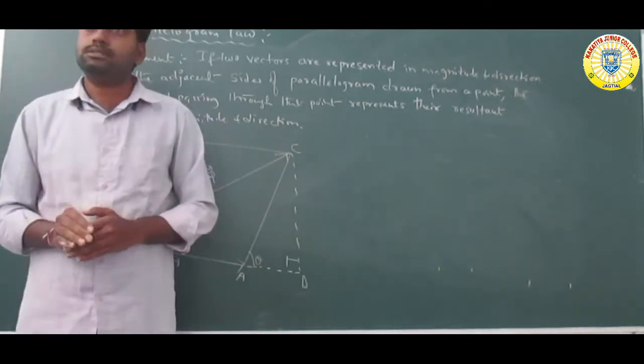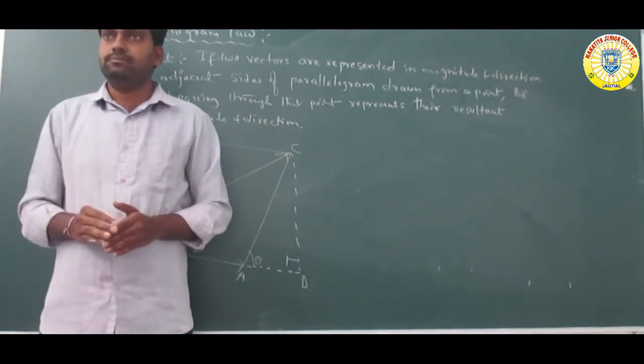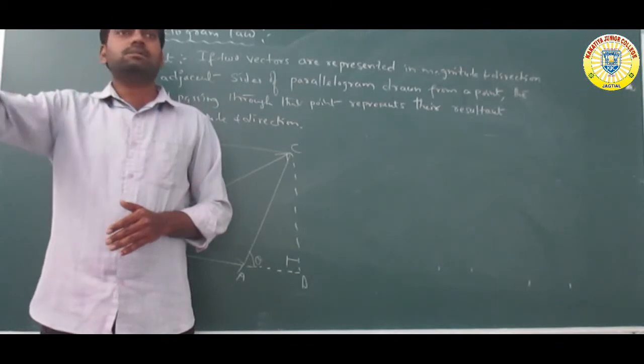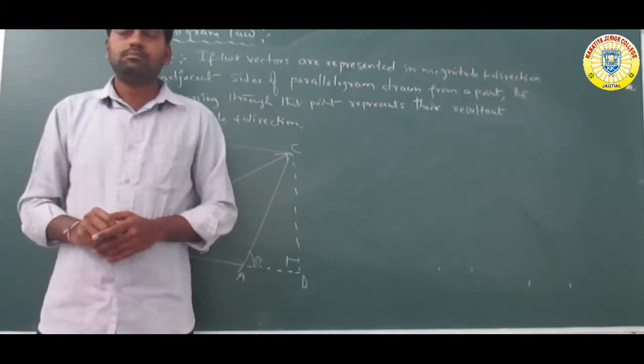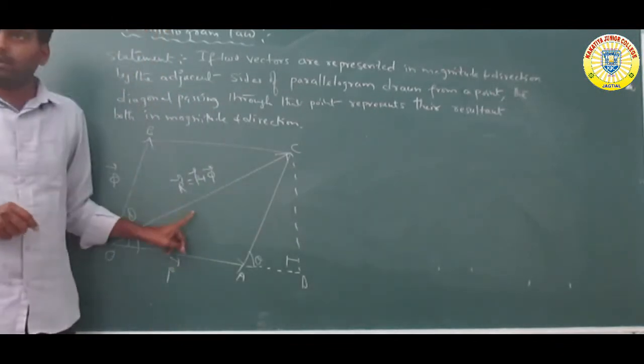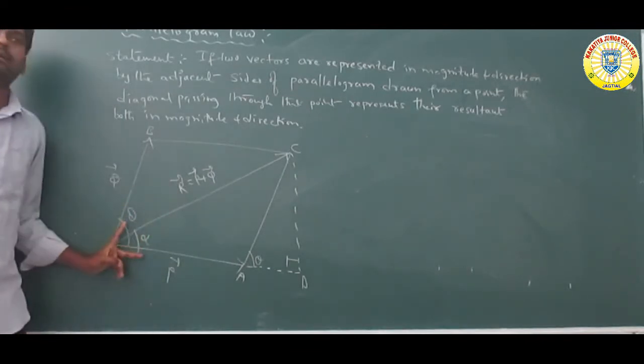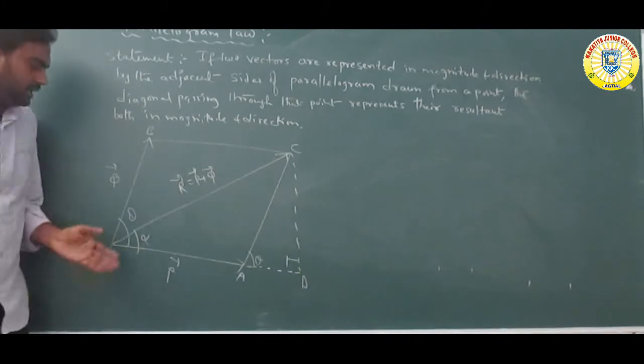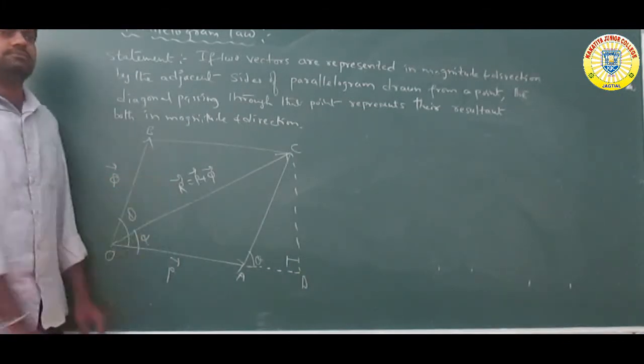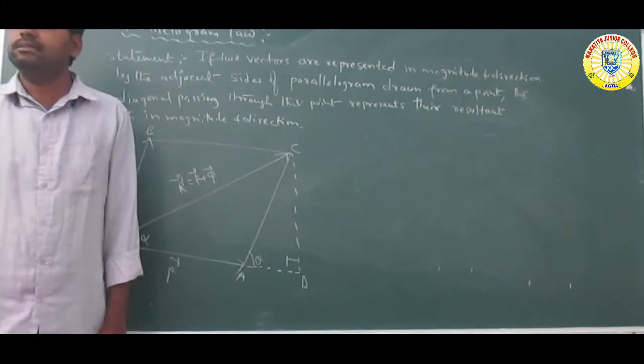So next, the diagonal is passing through the same point. The diagonal passing through these two gives the resultant. What is the resultant? It gives the result of these two.